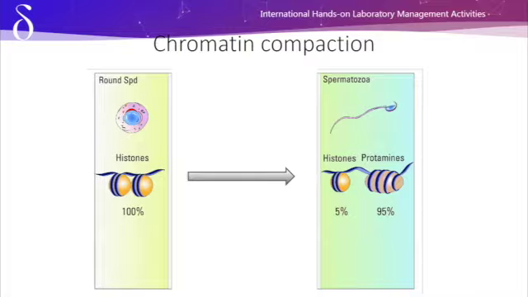At the end of the process, basically all the histones that are present in the chromatin are substituted by protamines. Protamines are basic proteins present in the chromatin. And at the end, only 5% of histone remains in the mature chromatin of a spermatozoon.